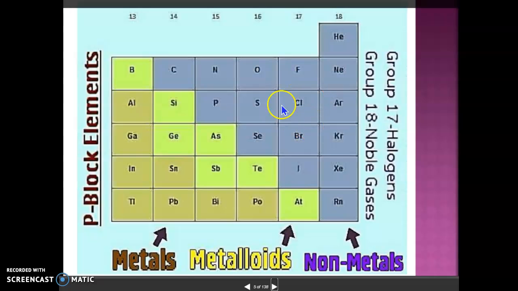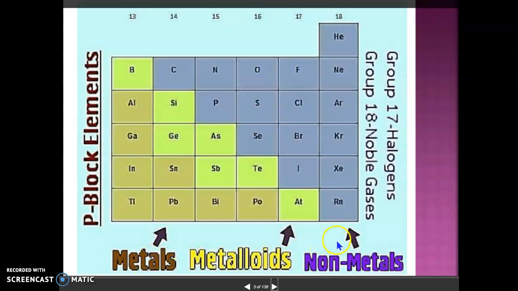Here these blue color elements are non-metals, these yellow color elements are metalloids, and these dark yellow color are metals.